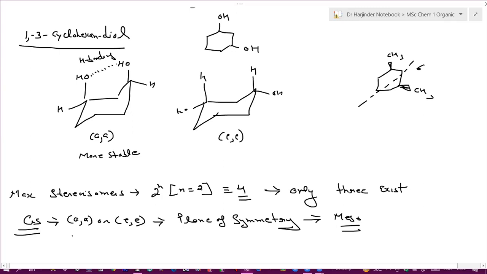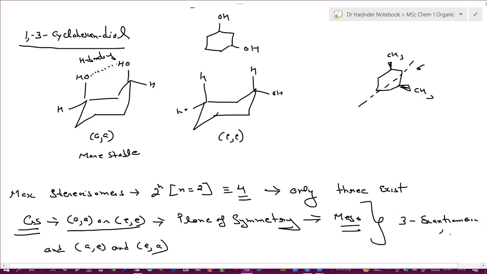One is cis and another is trans. So you may have this one, and axial equatorial and equatorial axial. So there are a total of 3 stereoisomers, 3 enantiomeric forms.